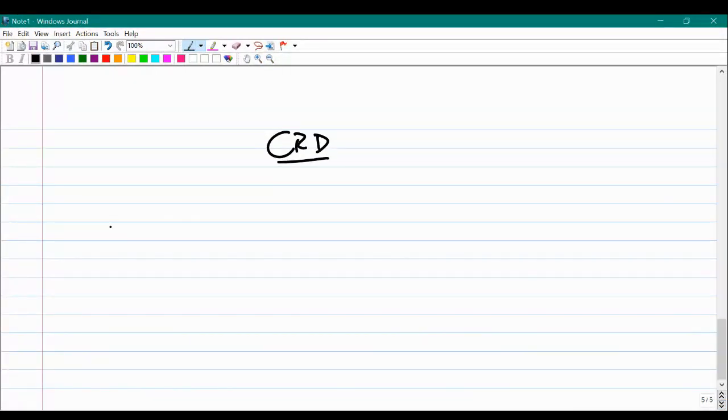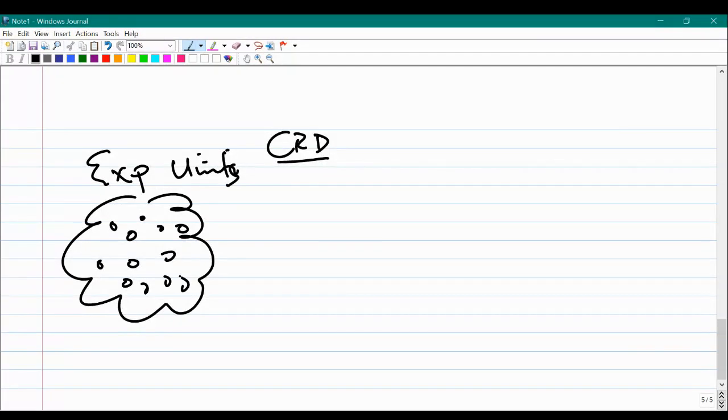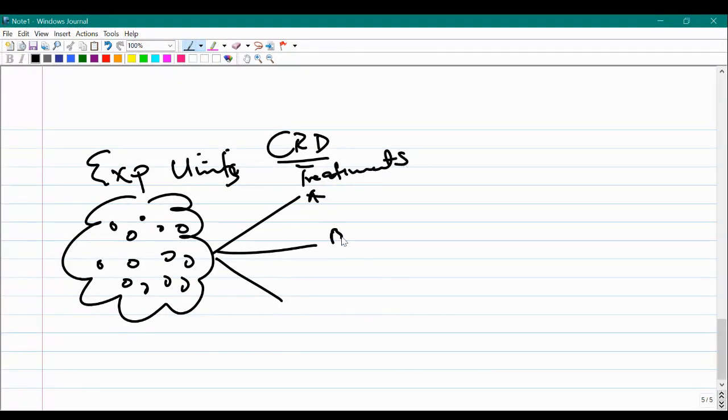For CRD, you'll have what? You'll have experimental units, right? These are the experimental units here. And then you have the treatments, right? Treatments. It can be A, B, C. You do the randomization from what?